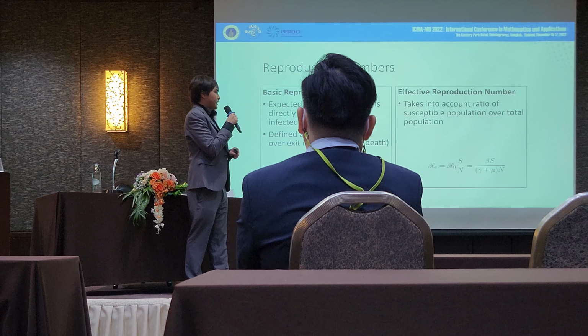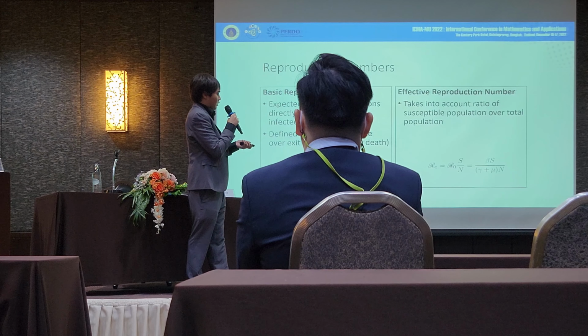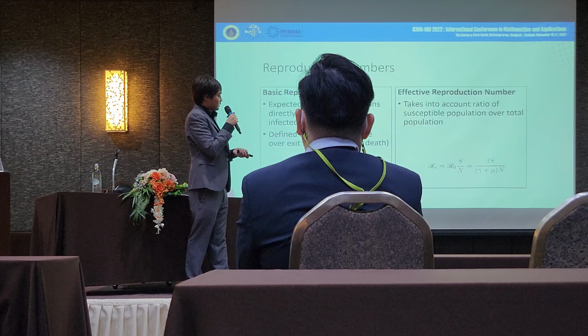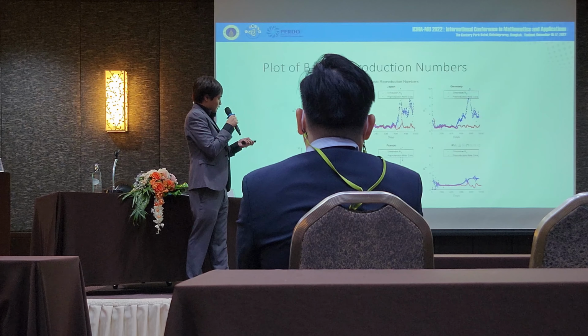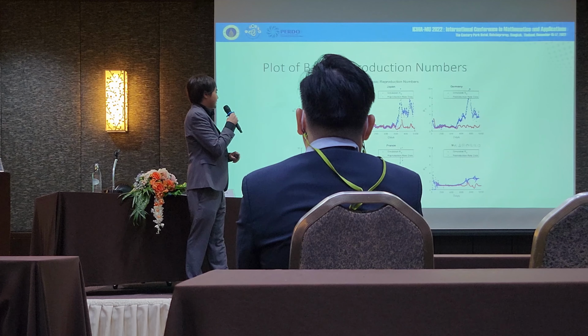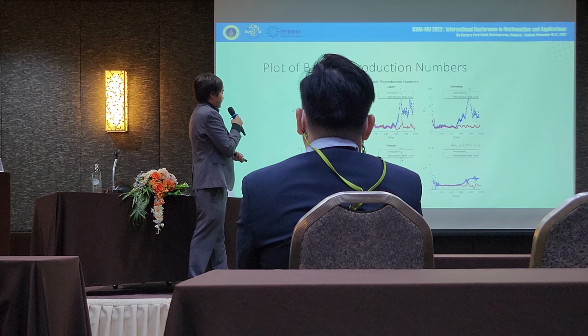So we have to consider the effective reproduction number, where we account for the number of susceptible people over the total population. So here is the plot of basic reproduction numbers, where we don't account for the susceptible population.